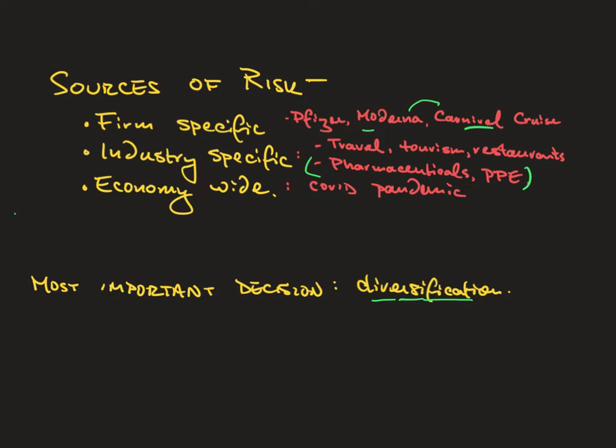And unless a person has reason to believe that they understand the technology industry better than other investors, and they have better information about the profitability of tech firms than other investors, there's no benefit from specializing in or putting all their money into one industry or another. Okay, got it?